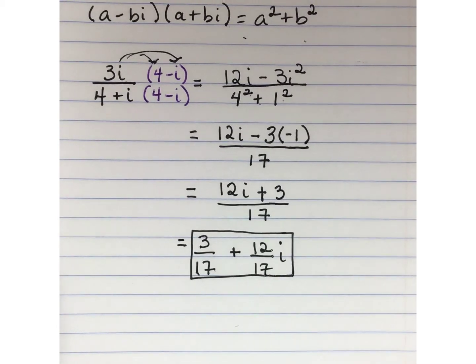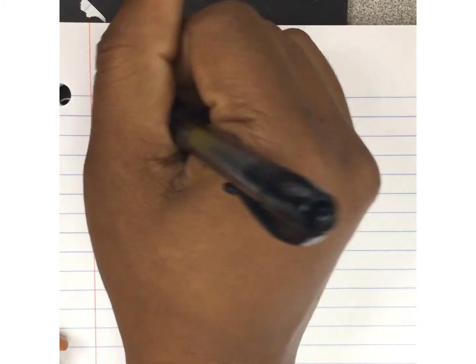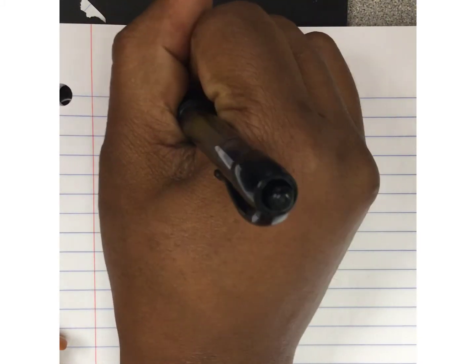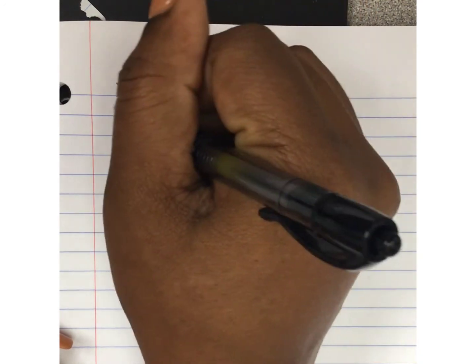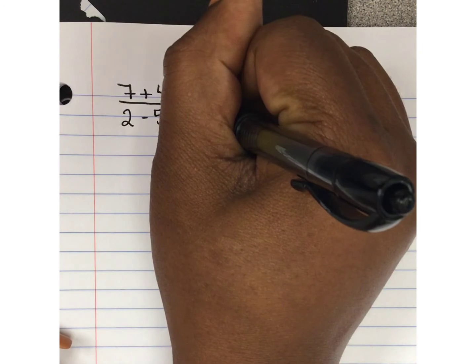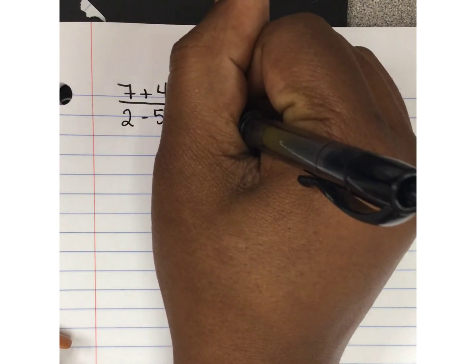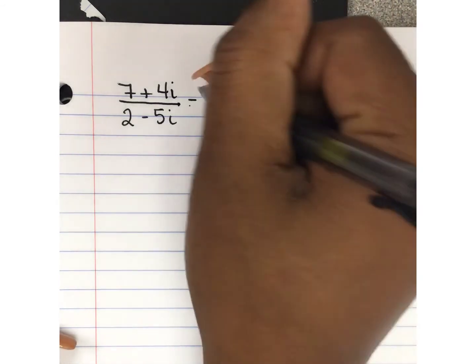Now let's do another complex conjugate. Let's say that we have 7 plus 4i divided by 2 minus 5i. And I want to divide these two.